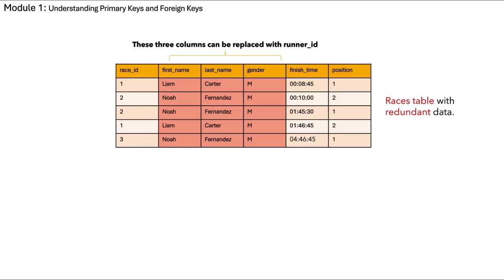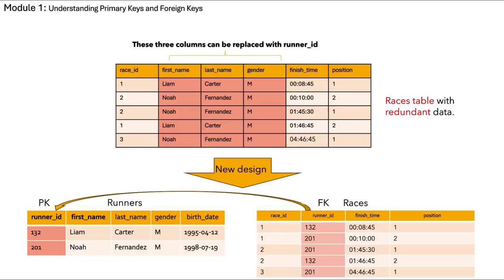Instead of repeating values in multiple rows, we can store this information in another table once. We have done this. If you look at the tables, we can refer to each runner by the value of runner ID column in the races table.